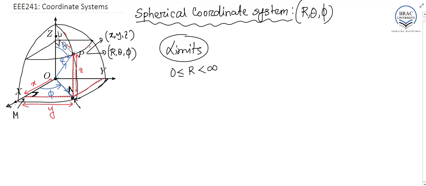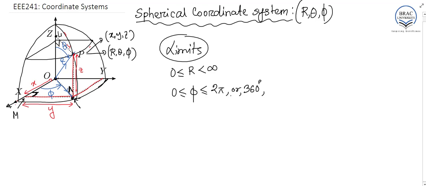To get the phi angle, we start moving the radial line from the positive x-axis and rotate it in the anti-clockwise direction, and if we complete a full circle, we get back to the positive x-axis again. So the limit of the phi angle would be 0 to 2 pi or 360 degrees, whatever you call it.